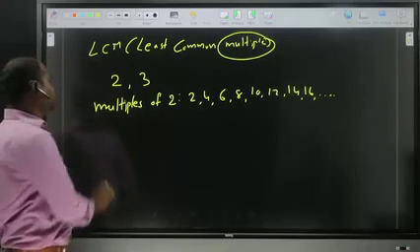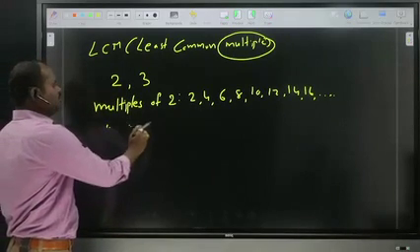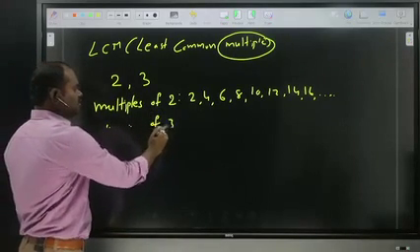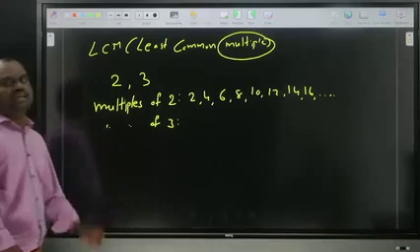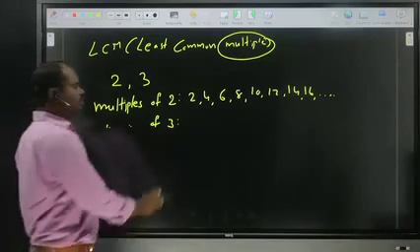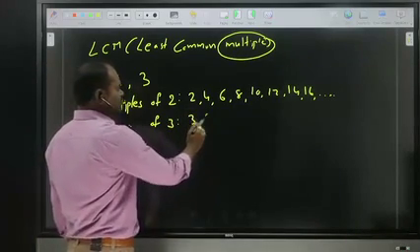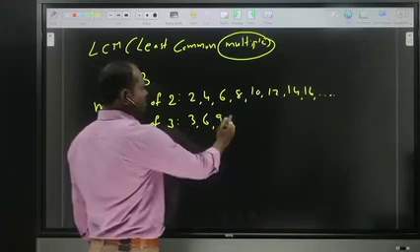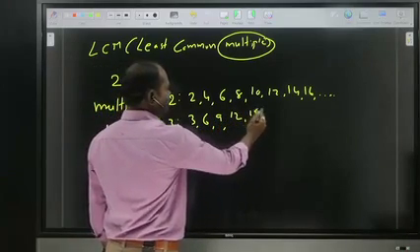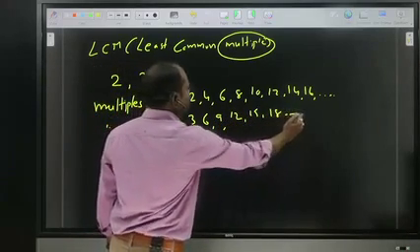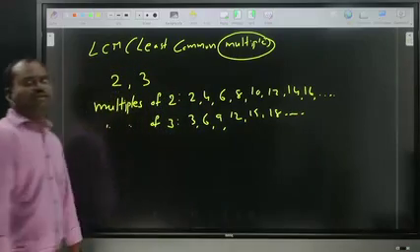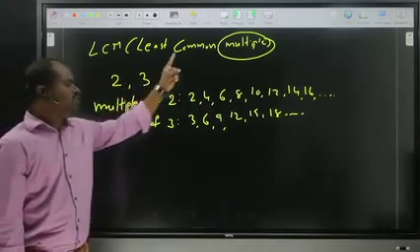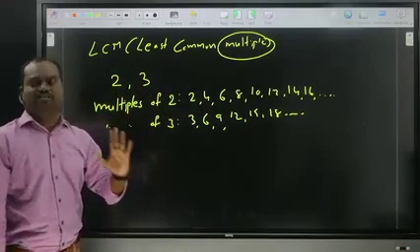Next, multiples of 3 are nothing but three table numbers: 3, 6, 9, 12, 15, 18, and so on.